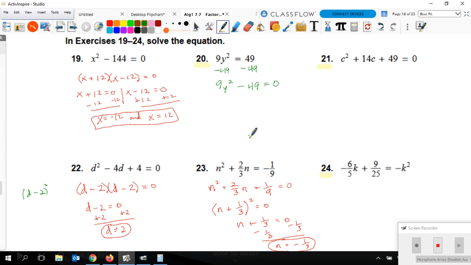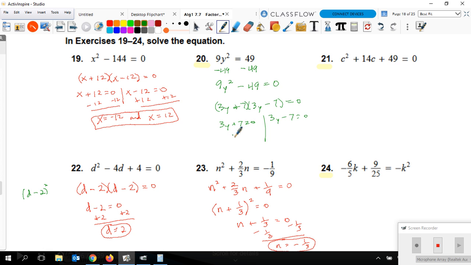Okay, so you should have done 20. So with 20, we get two binomials. It's going to be 3y up front, 7 and 7. One's plus and one's a minus. And so our answer is, when we set this equal to 0, 3y plus 7 equals 0, and 3y minus 7 equals 0.